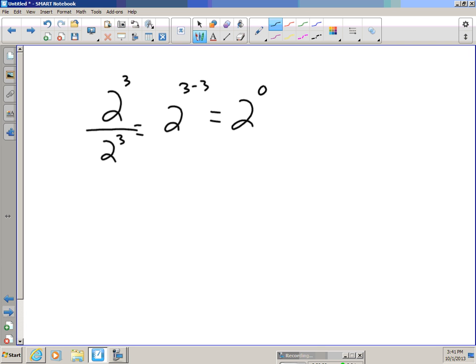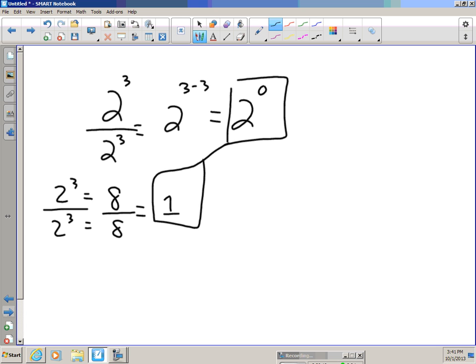Now that's nice, but what does 2 to the 0 power mean? Well, 2 to the third equals 8. 2 to the third equals 8. And we know that any number divided by itself is 1. Well, what have we just shown? Any number or any base to a 0 power is equal to 1.